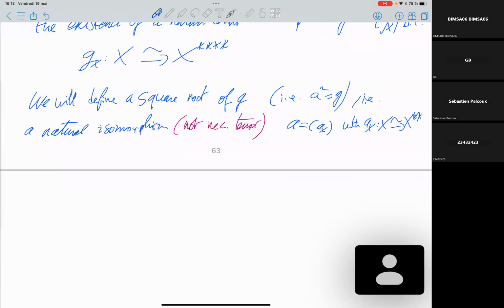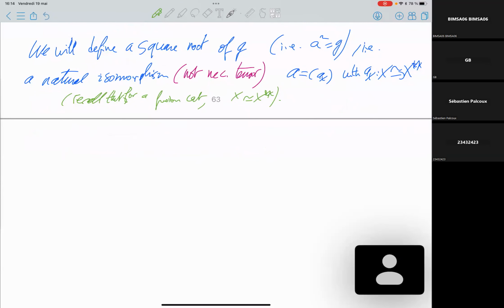So recall that for a fusion category, the double dual of X is isomorphic to X. More general than fusion category, but semi-simple finite tensor category. No, semi-simple. I don't remember.